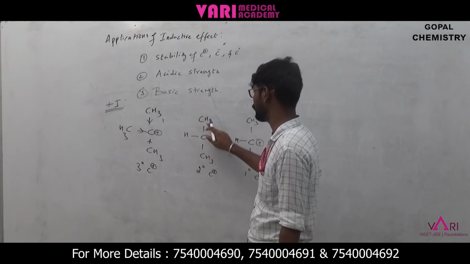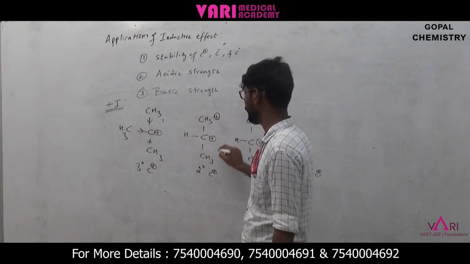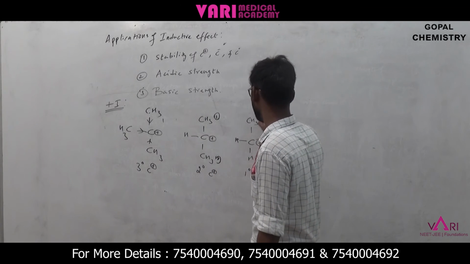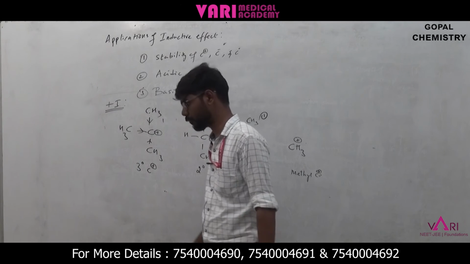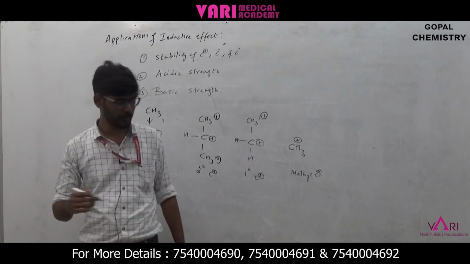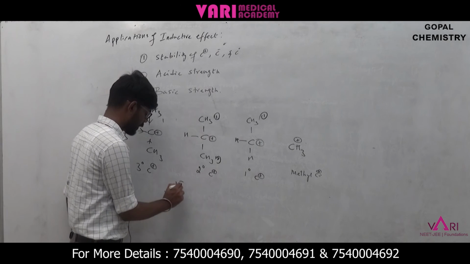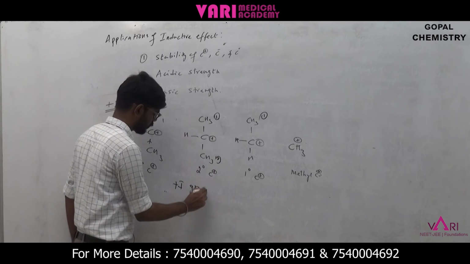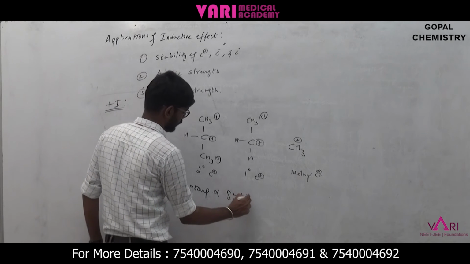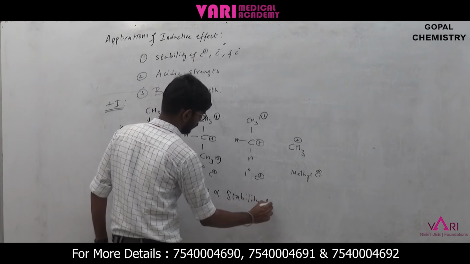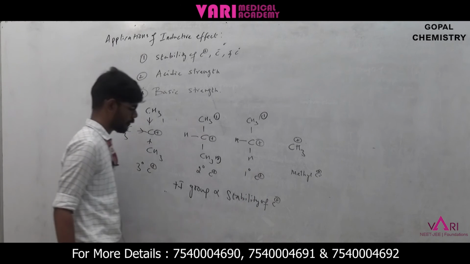So here there are 2 plus I groups, here only 1, and there are no plus I groups in the methyl carbocation. So if the plus I groups are maximum, the number of plus I groups is directly proportional to the stability of the carbocation.